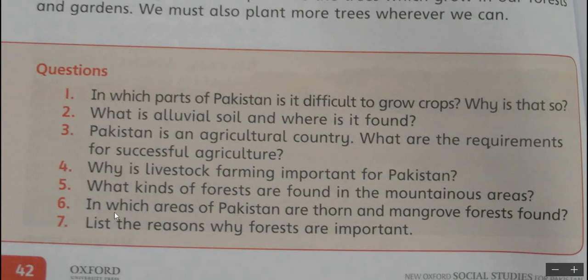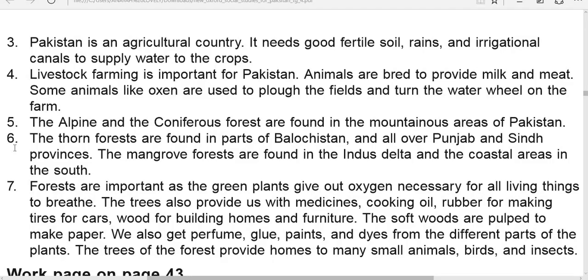Question number 6 is in which areas of Pakistan are thorn and mangrove forests found? And its answer is the thorn forests are found in parts of Balochistan and all over Punjab and Sindh provinces. The mangrove forests are found in the Indus Delta and the coastal areas in the south. This is the answer of question number 6.